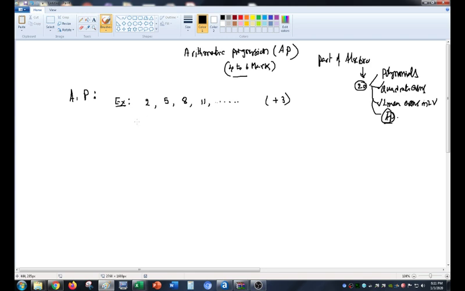Let me give one more example: 10, 10 minus 2, 8, minus 2, 6, minus 2, 4, and go on. So here also a fixed number is getting subtracted.